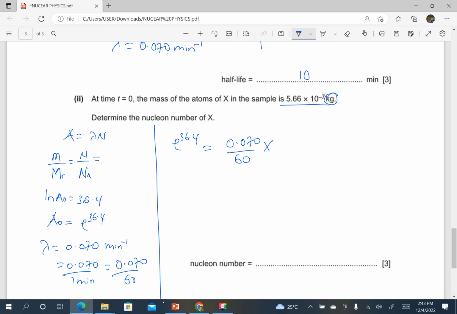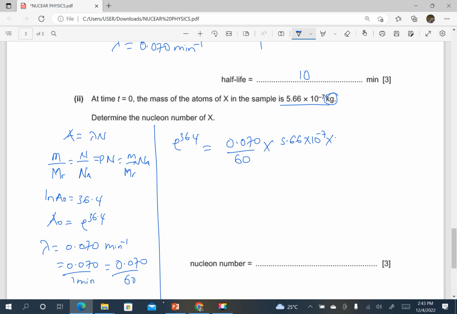From this expression, you notice that N is going to be mass over the molar mass times Avogadro's number. So N is the mass, 5.66 times 10 power negative 7, and I want to change this mass to grams. So how do we change this to grams? It's 5.66 times 10 power negative 7 kilograms to grams.